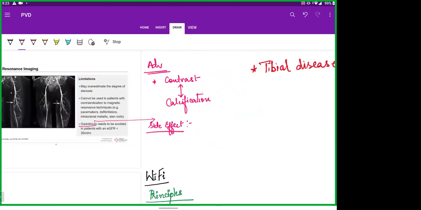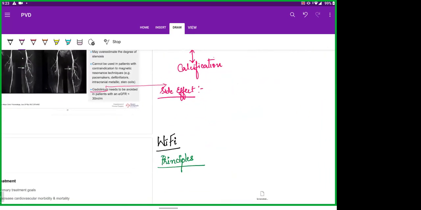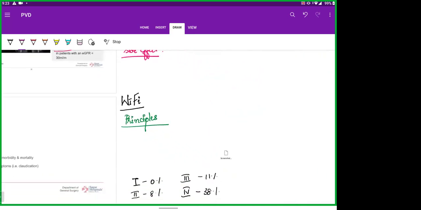Fibrosis. Yes, fibrosis, sir. And before we go into the treatment, I would want to talk about something called the WIfI classification. So why this classification has come, let me give a small insight into it. Previously, when there was the Rutherford and Fontaine classification, these did not consider much about the diabetic patient. In a patient who has a diabetic foot ulcer, there will be some amount of ischemia or underlying peripheral arterial disease.